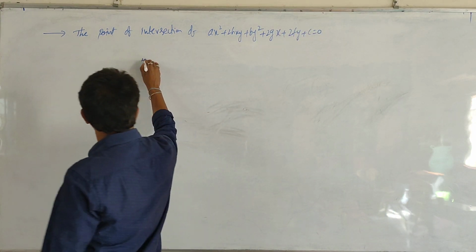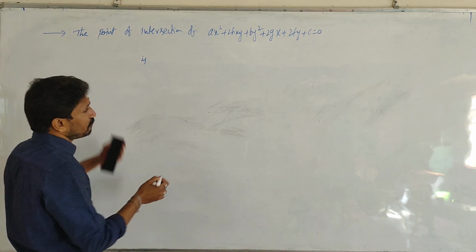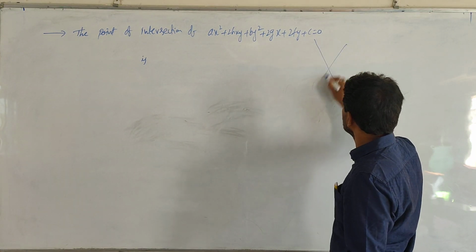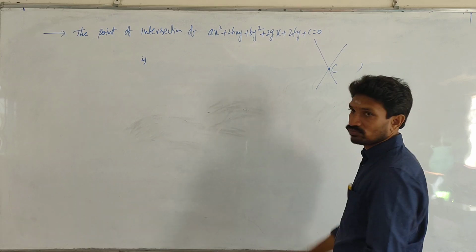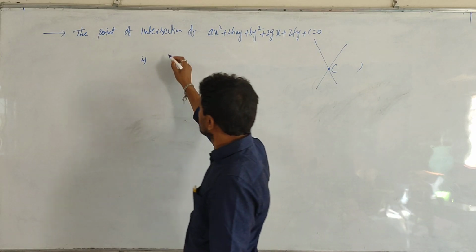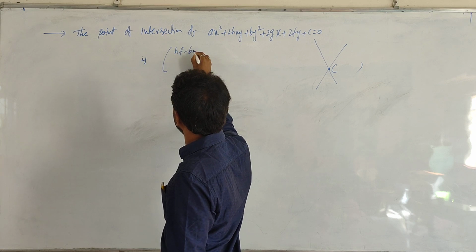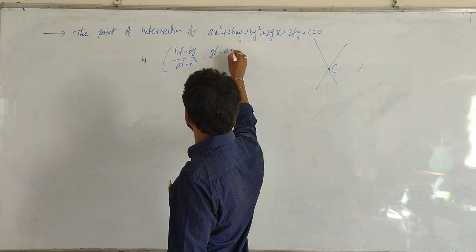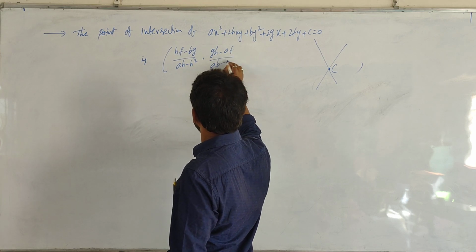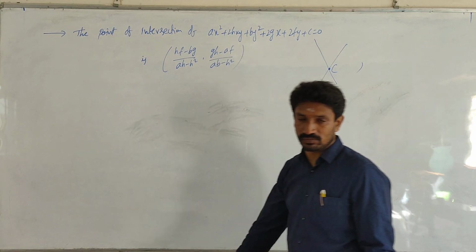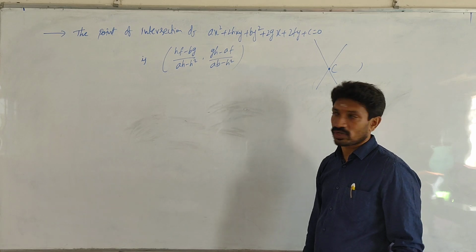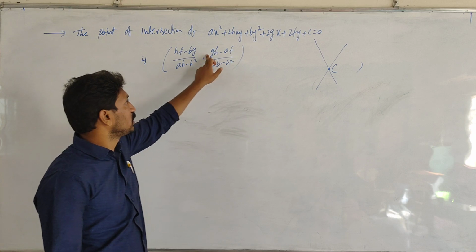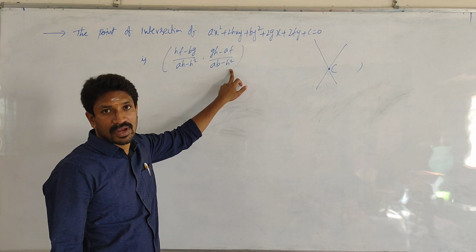Just remember, point of intersection means, suppose these are the two pair of intersecting lines, this point is (hf minus bc by ab minus h square, gh minus af by ab minus h square). Just remember.